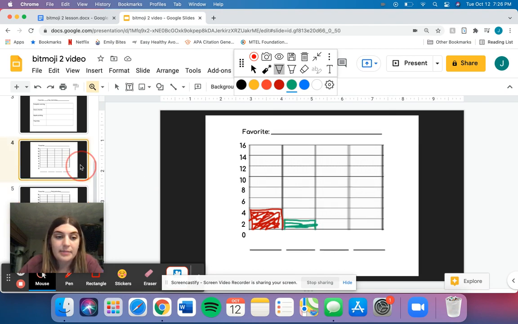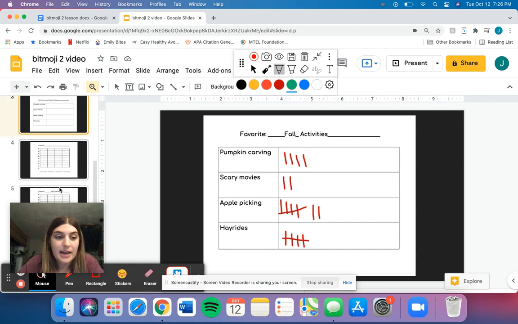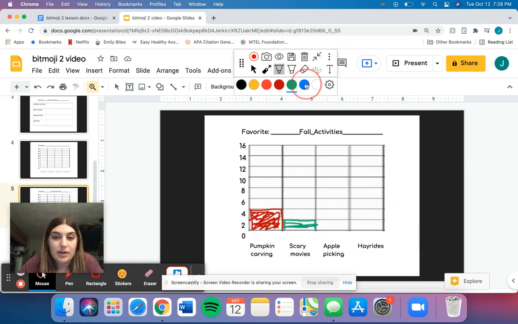And then let's see, our apple picking was our big one. How many? Good, 7. So we're counting by 2s, but 7 is not a multiple of 2. So what would I do? How would I show 7?